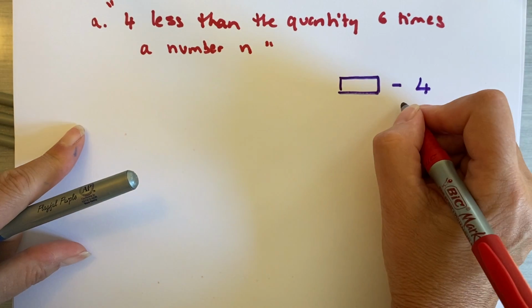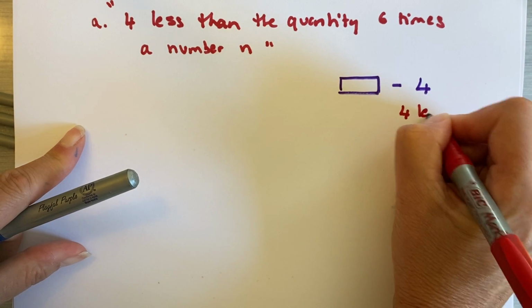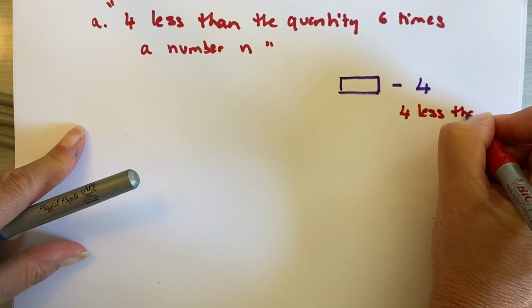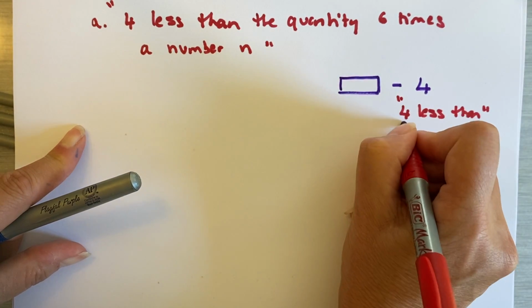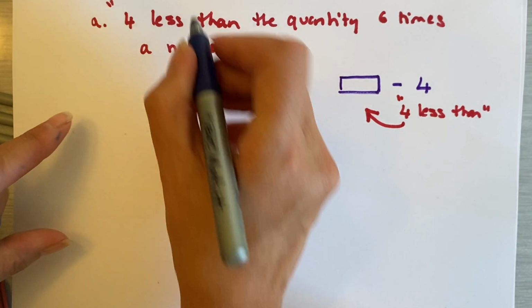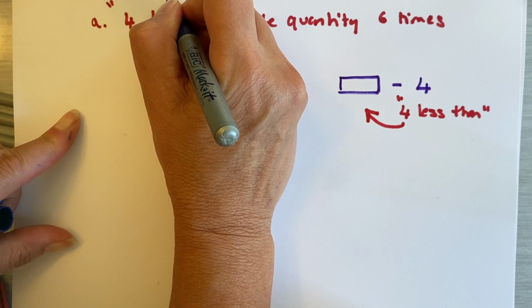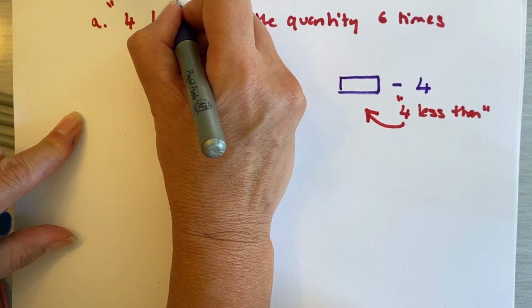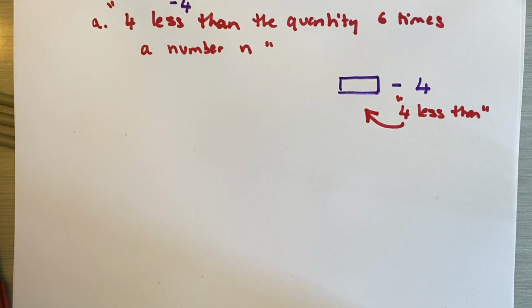So when you see 4 less than, that translates to minus 4, okay?